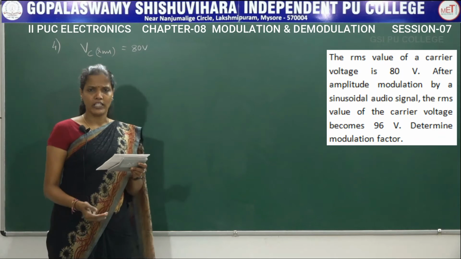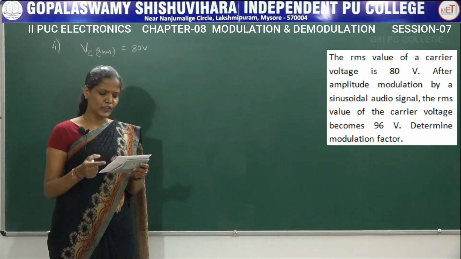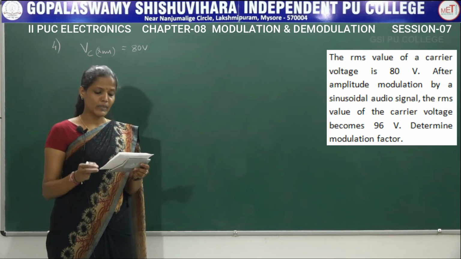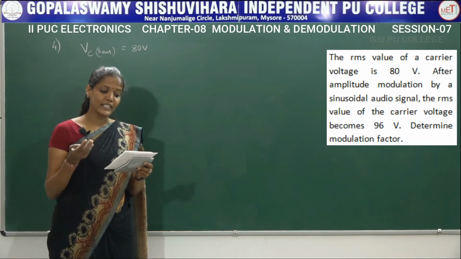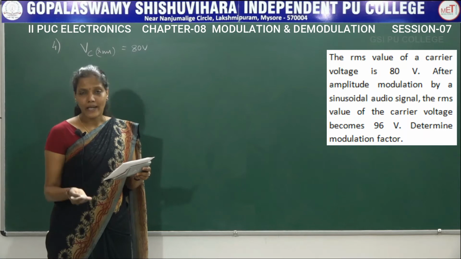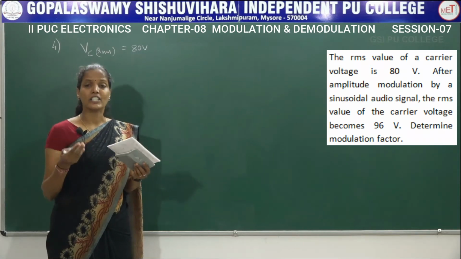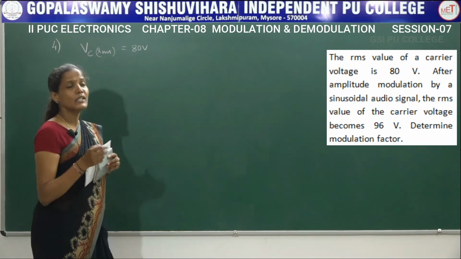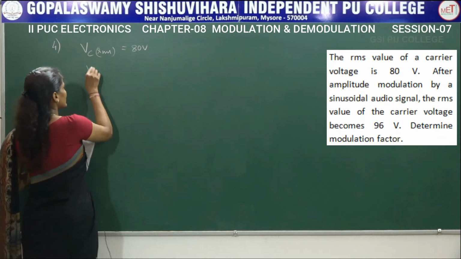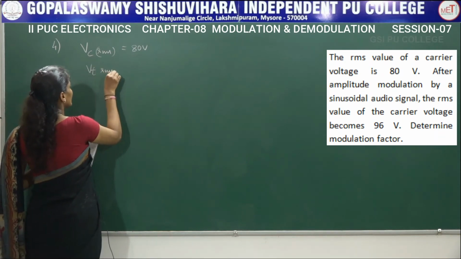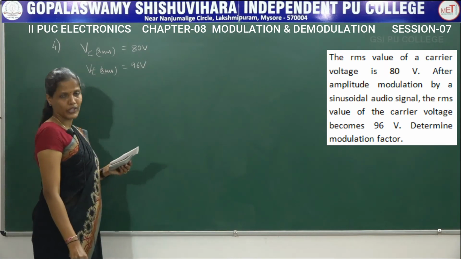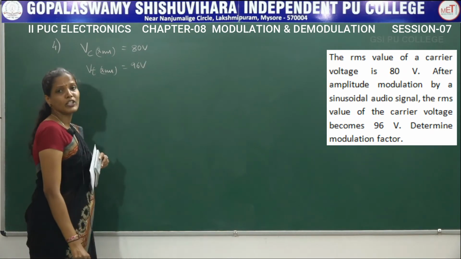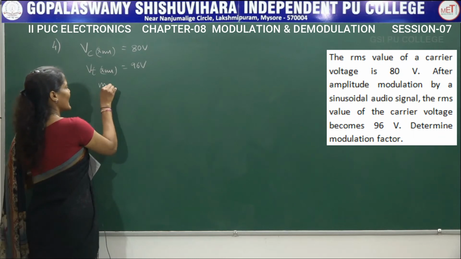After amplitude modulation by a sinusoidal audio signal, the RMS value becomes 96 volts. The signal after amplitude modulation we are going to consider as V total RMS, whose value is equal to 96 volts. Determine the modulation factor, that is MA.